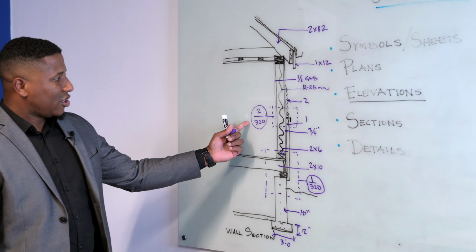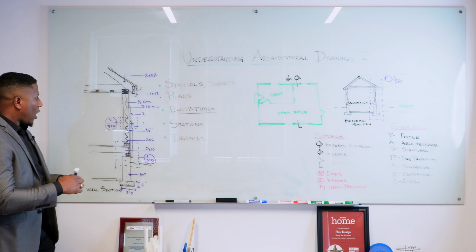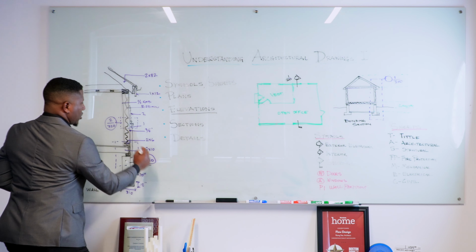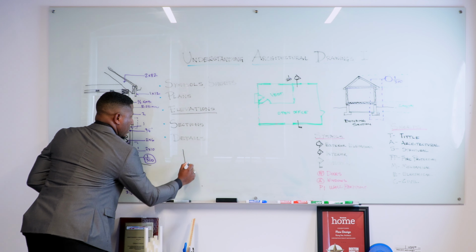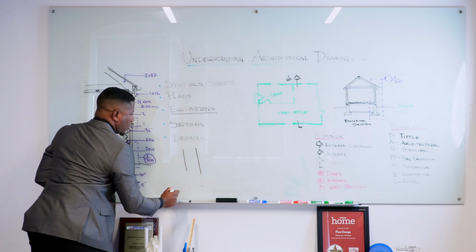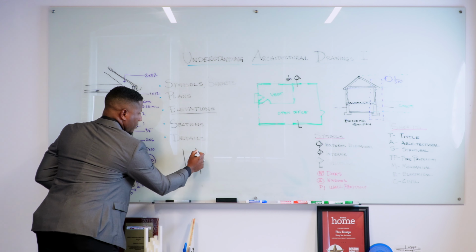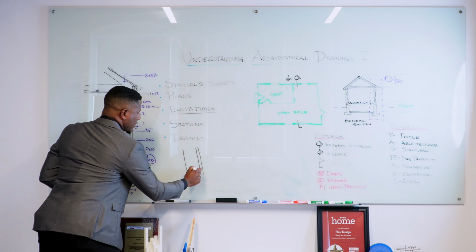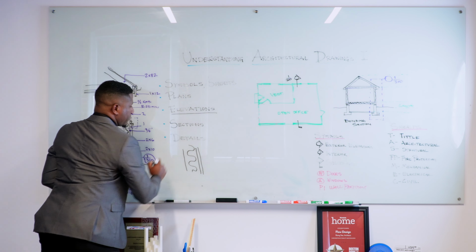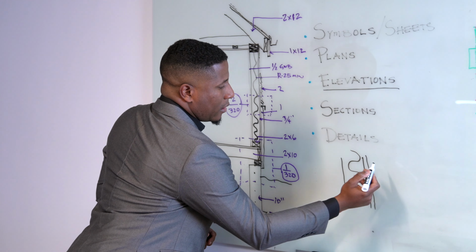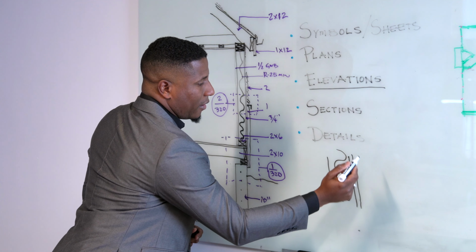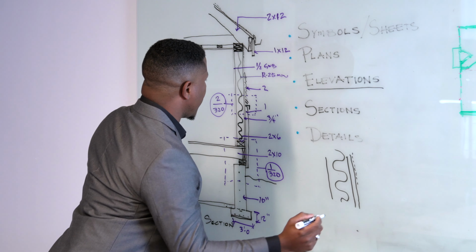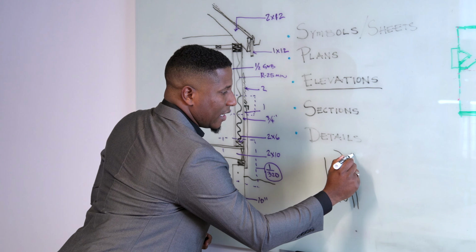When you go to that sheet, you are able to understand that if I enlarge this connection, you have your wall assembly, you have your sheathing, let's say this is insulation, then you have a vapor barrier or water barrier, and then you have your siding.